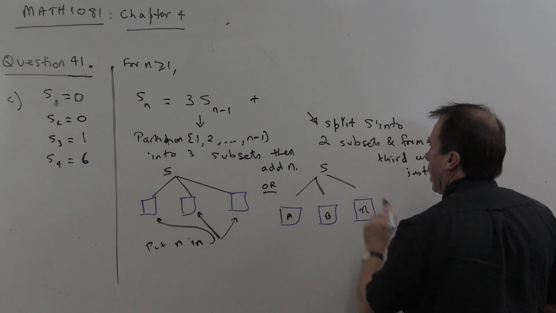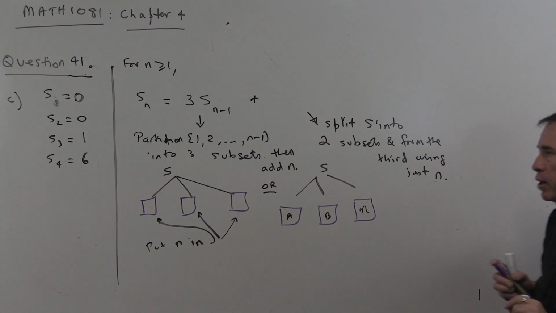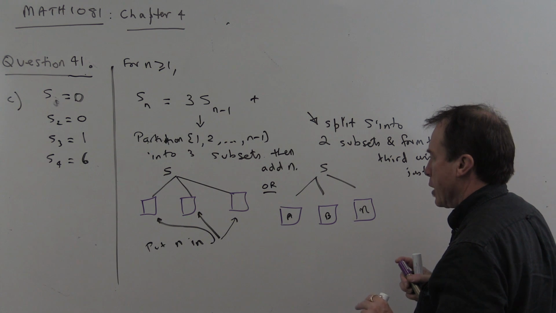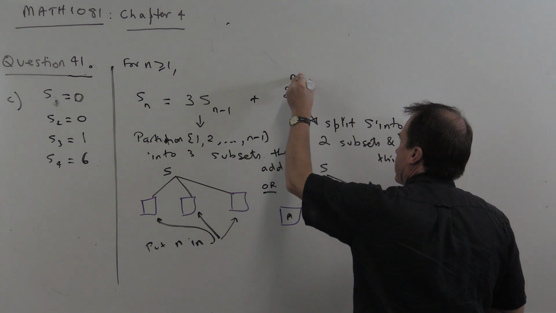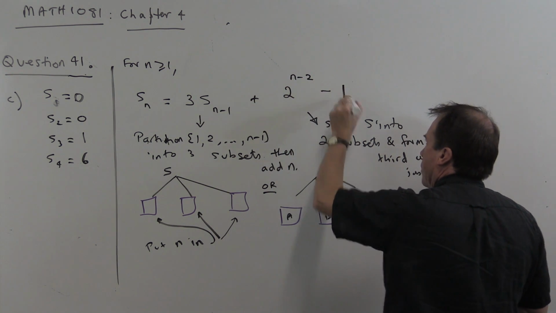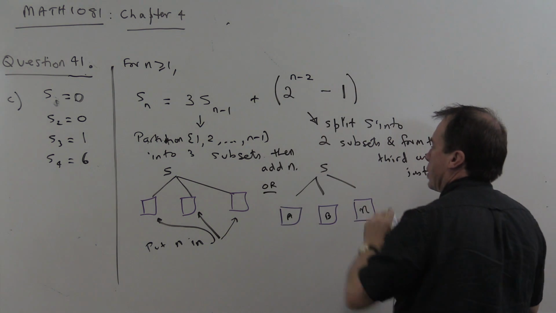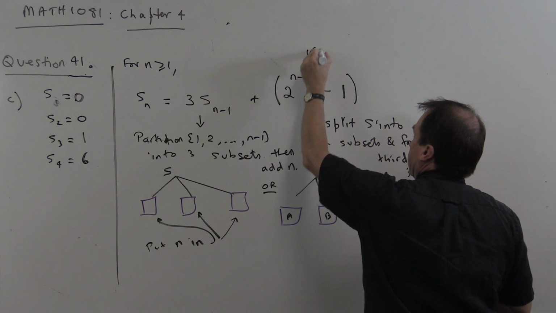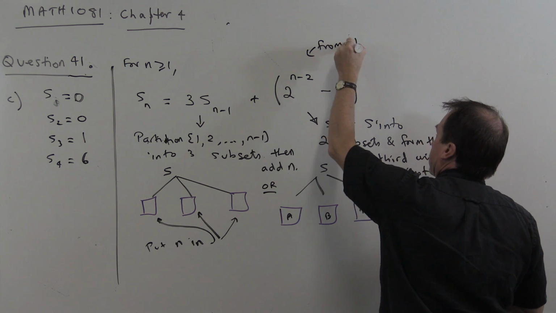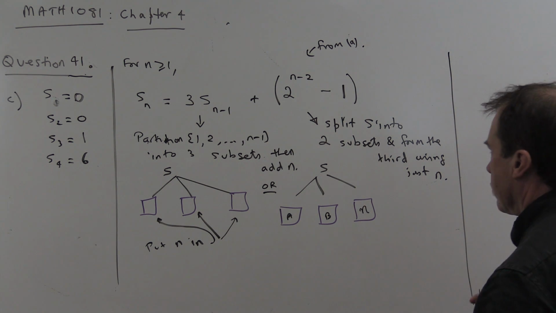Well, we saw back in part A, the number of ways of splitting a set into 2 was 2 to the n minus 1, minus 1. And so we can now say the number of ways of doing this will be 2 to the n minus 2, minus 1. So this is using the formula from part A. Okay, so that gets me the recurrence that I wanted, and now finally I have to solve it.